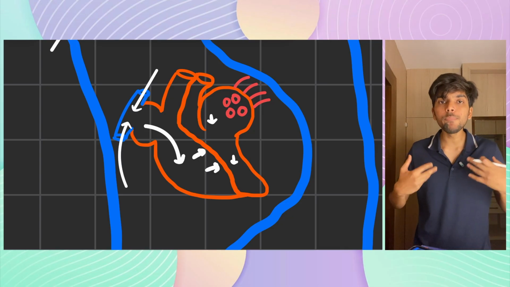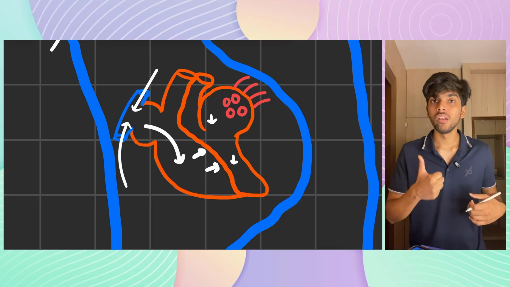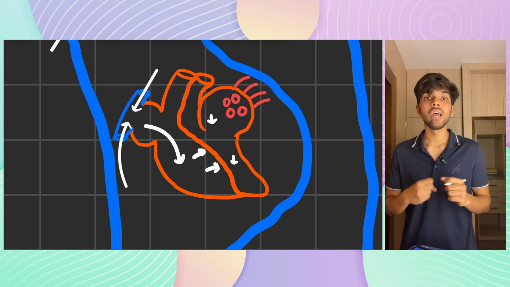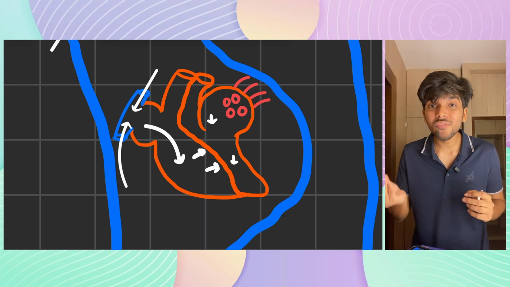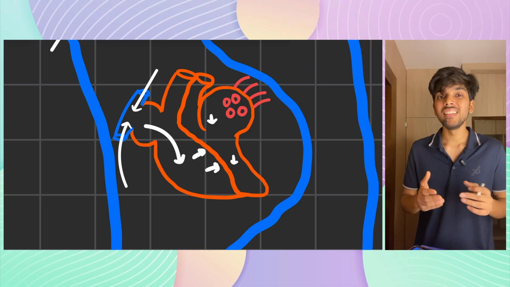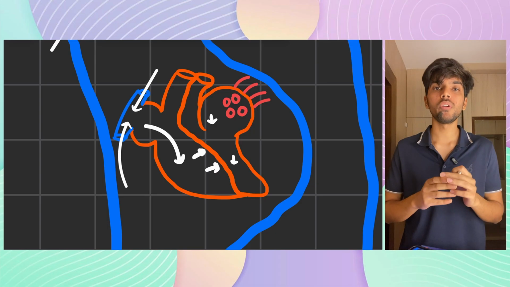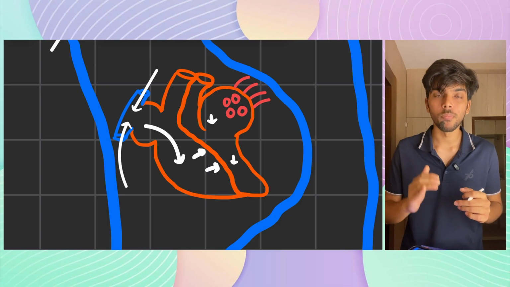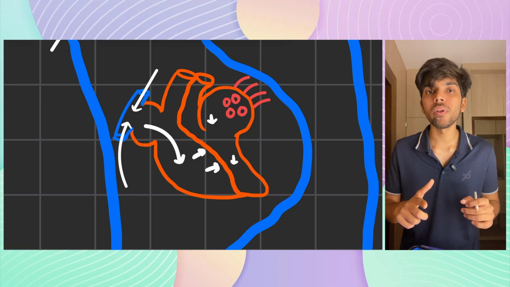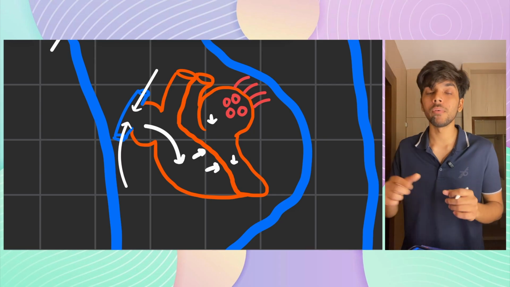So during inspiration, two things are happening. Number one, there is decrease in the cavity size of the left ventricle. And number two, there is less filling of the left ventricle with blood. As a result, there is decreased cardiac output and a decrease in systolic blood pressure. Normally, the decrease in systolic blood pressure is by less than 10 mm of Hg.